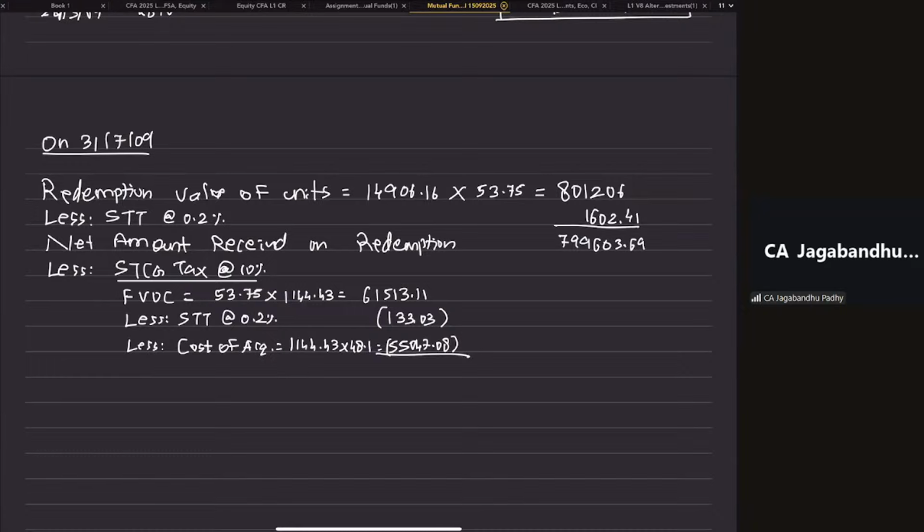So when we subtract all of that, that will be our short-term capital gain. So what's the short-term capital gain? 6,343. So what will be the short-term capital gain tax? 634.3. This is going to be subtracted.